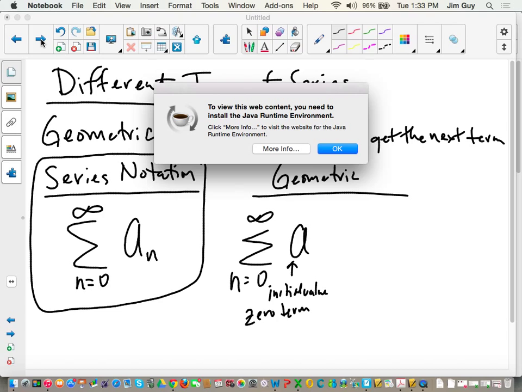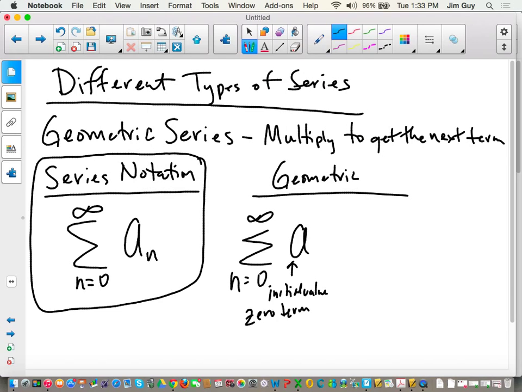And then you have r, which is your ratio. That's what you're multiplying by every time, and that's to the n power. So the first time around, you put 0 in for n, and you get r to the 0, which is 1, and 1 times a is a, and that's why it's the 0 term. When you put in 1, you get r to the first, r times a, so you just keep multiplying by r every time.